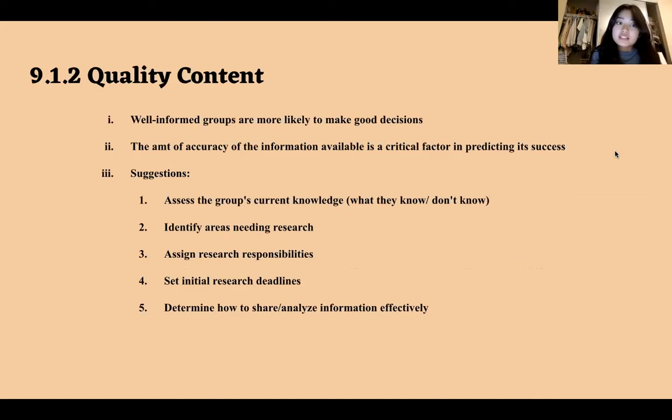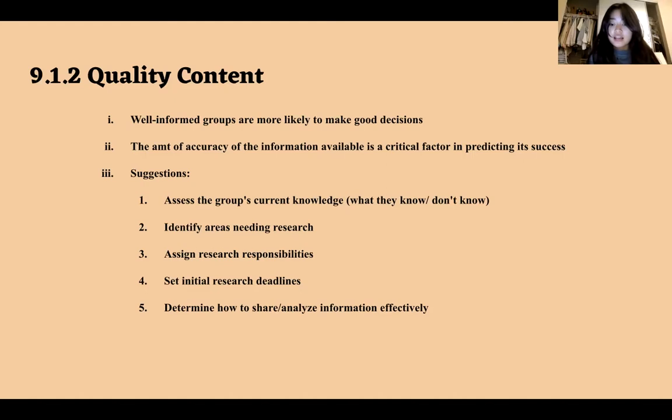For the second topic, it is quality content. This basically says that if your group is well informed, then they are more likely to make better decisions. And it is better with accurate information because usually groups find greater success in this. Some suggestions to approach this is to first ask the group what they know and don't know, assess the knowledge and see what information you then need to find and research.